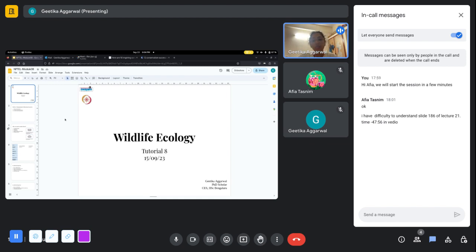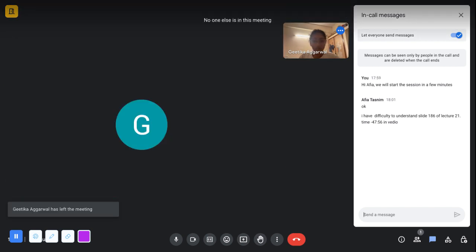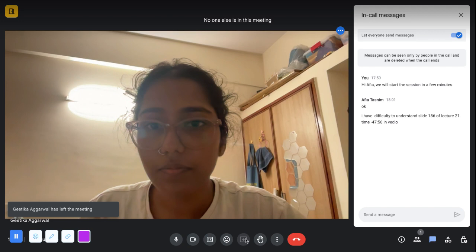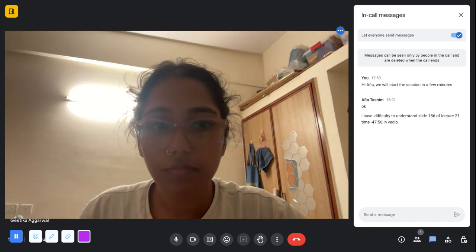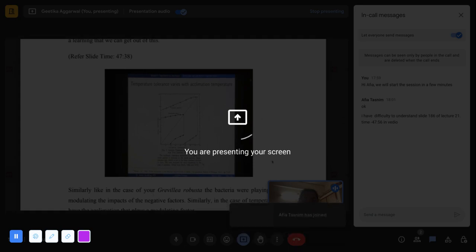Ah, yes. So are you talking about the temperature tolerance varies with the acclimation temperature? Is that what you're asking? One second, I will display my screen. And is this the slide that you're talking about?